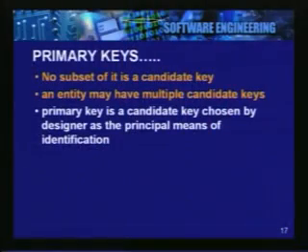In fact, all of them can also be loosely called primary keys, but we are just naming a candidate key as the primary key as the main way of identifying the entities. Very often we just call all candidate keys primary keys also, but the way we have defined it now, it should be unique and there should be only one primary key for a given entity set.